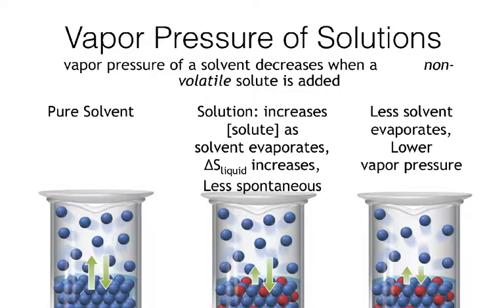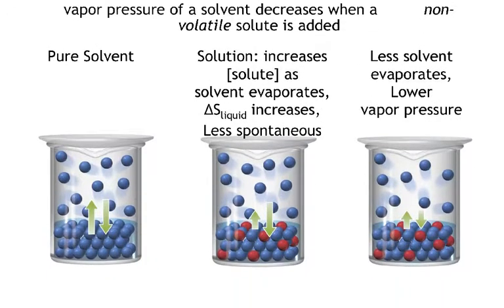Our first one that we're going to look at is vapor pressure. The vapor pressure of a solvent decreases when a non-volatile solute is added. So if we look at our diagram here, we have our pure solvent in this first beaker, and there's some amount of vapor pressure associated with that solvent. But when we add a solute that is non-volatile, so it doesn't have a vapor pressure associated with it, then we can think about the entropy, the disorder or randomness.